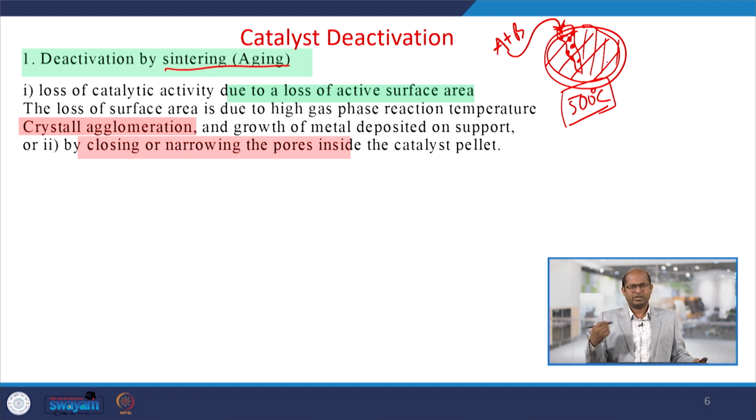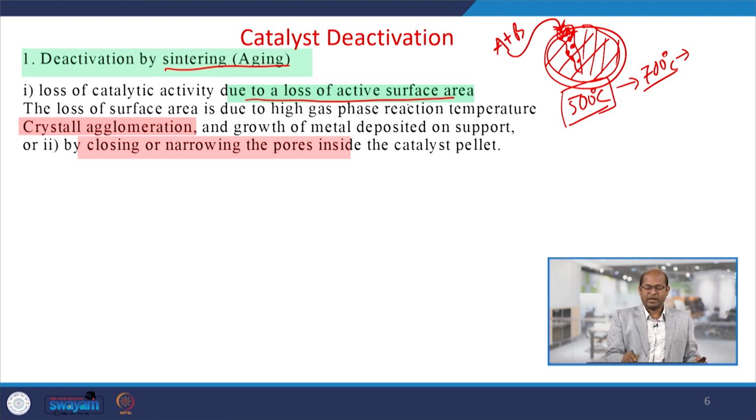But if the reaction is exothermic, or if we conduct the same reaction at 700 or 800 degrees centigrade, or there is some heat evolution during the reaction, then the catalyst surface area will go down. This is sintering: loss of active surface area, or catalyst crystal agglomeration.